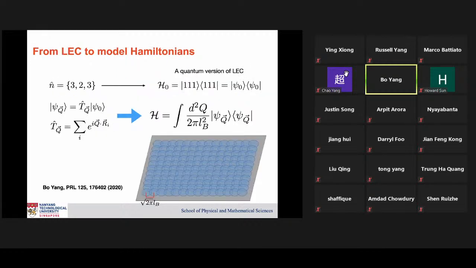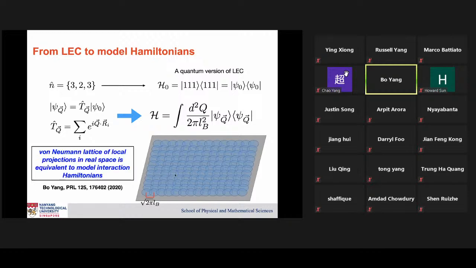Also, it gives you a way of reinterpreting the interaction Hamiltonian in a strongly interacting system and rewriting it into a virtual lattice in a continuous system. This virtual lattice is the so-called von Neumann lattice, where the spacing is on the order of the magnetic length. But each lattice site is a projection operator, and this projection operator can involve more than one particle.